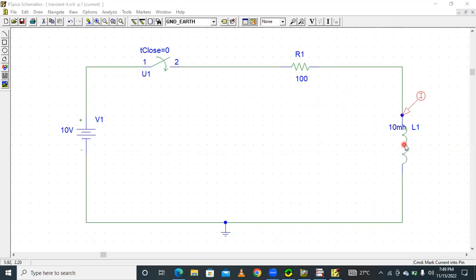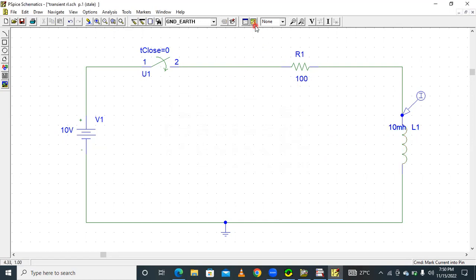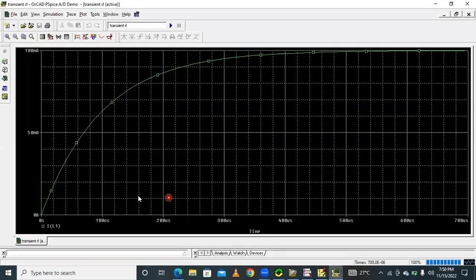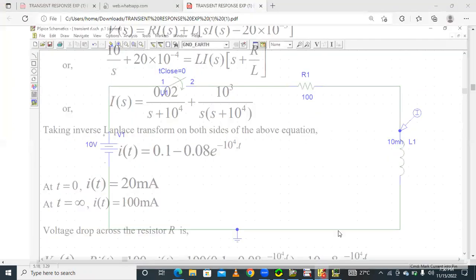So the initial condition is 20 milliamps. Save, alter, then okay, then simulate, and we get an expression.